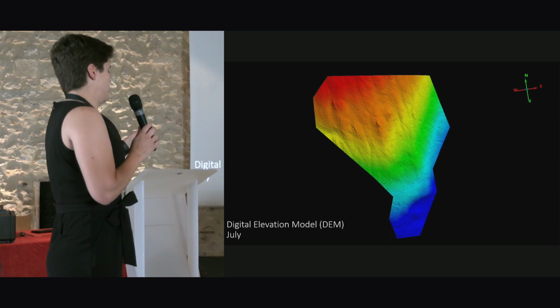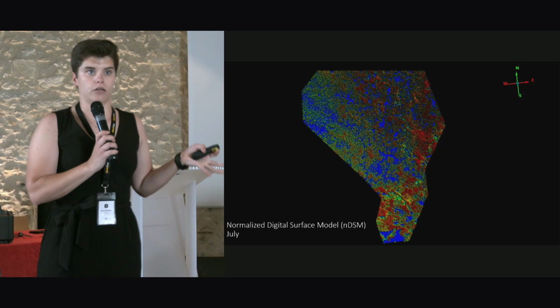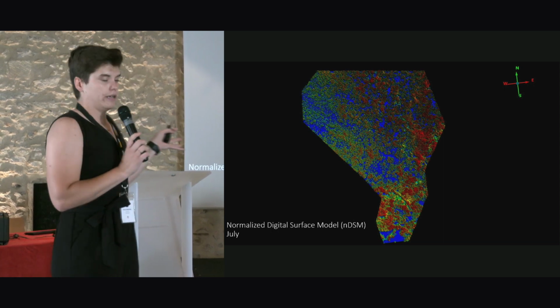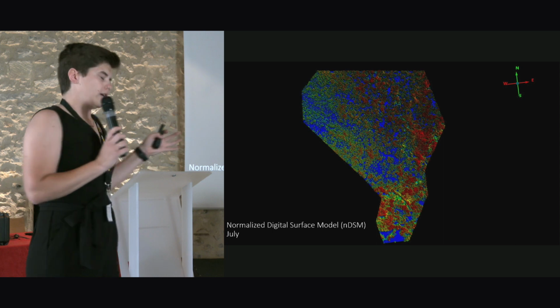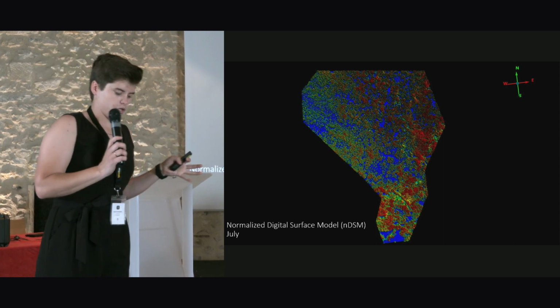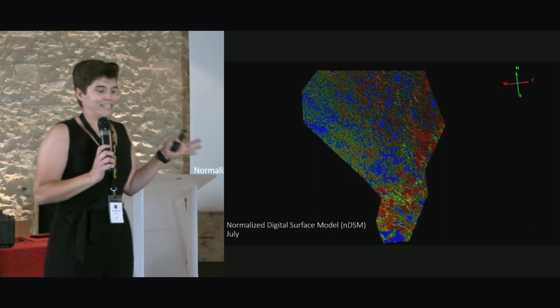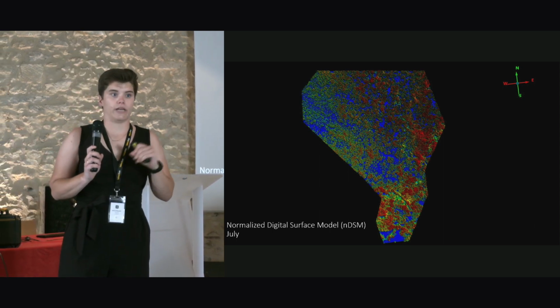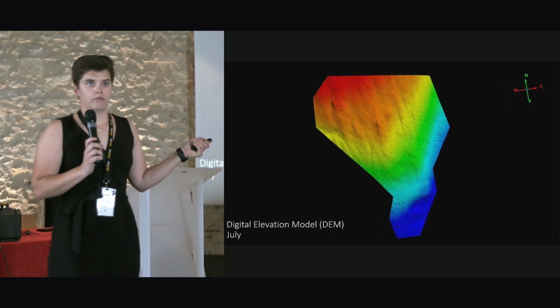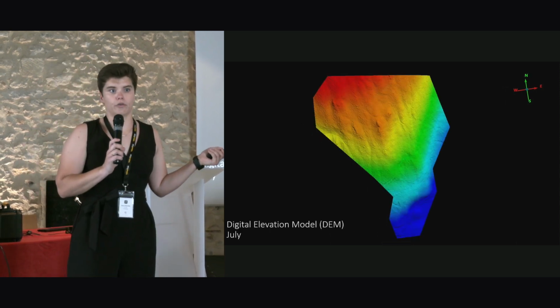But when we combine it with other models, this is an NDSM from July, which is a normalized digital surface model, which pretty much shows the change between the DEM and the DSM. So anything that's different between the bare ground model and the surface model that we saw before.